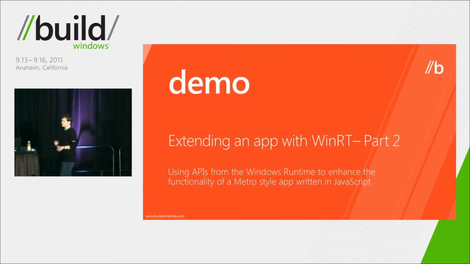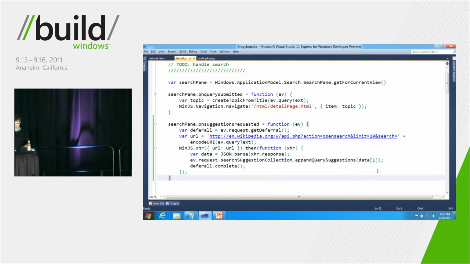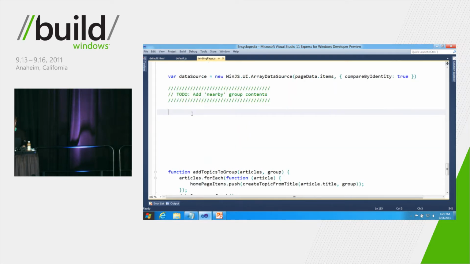So to give you a sense of what some of this asynchronous programming feels like in JavaScript, let me come back over to my demo machine here. I'm going to extend my app here with another piece of functionality that's available in the Windows Runtime. To do that, I'm going to come over here into the landing page. If you remember the application, I'll just run it again to show you really quickly.